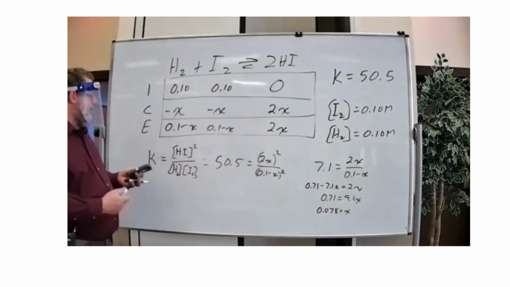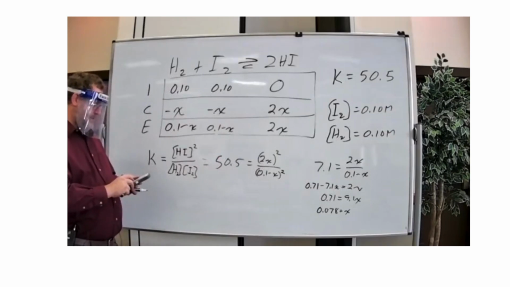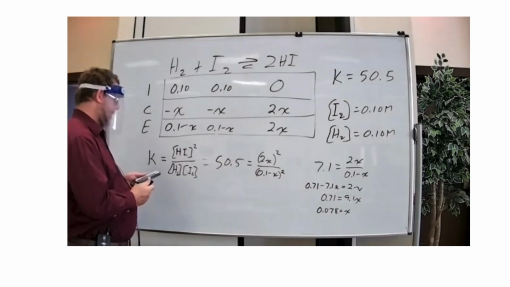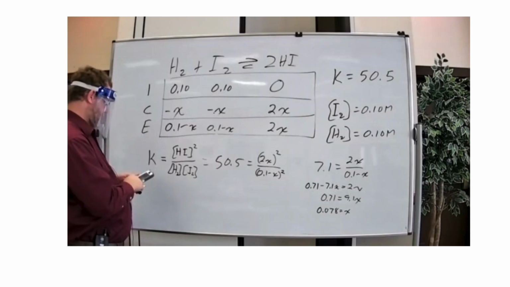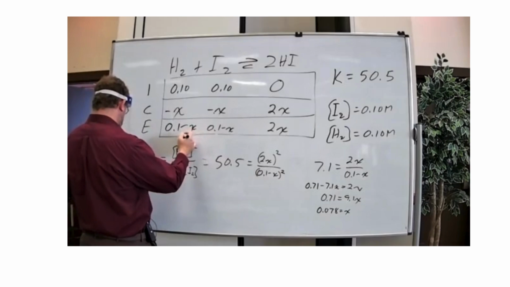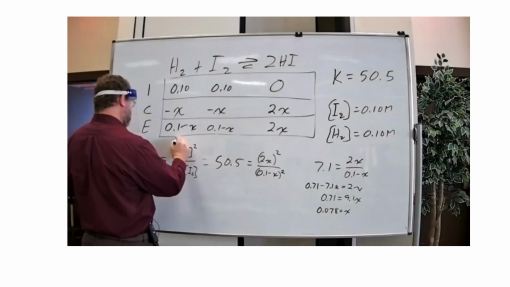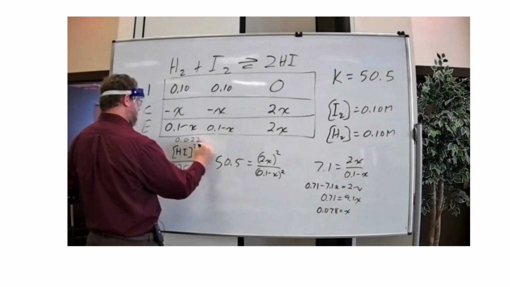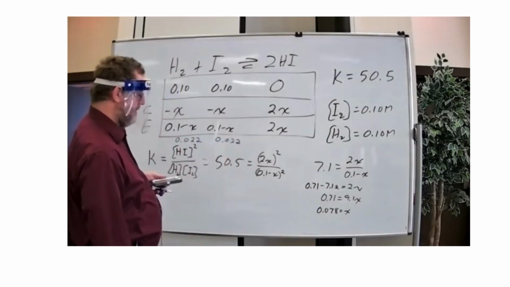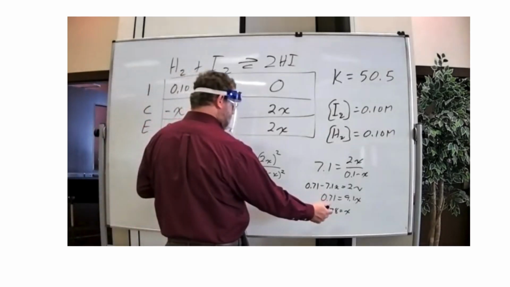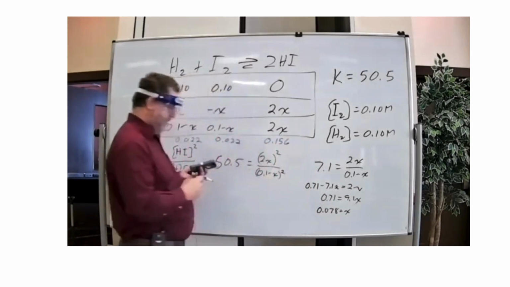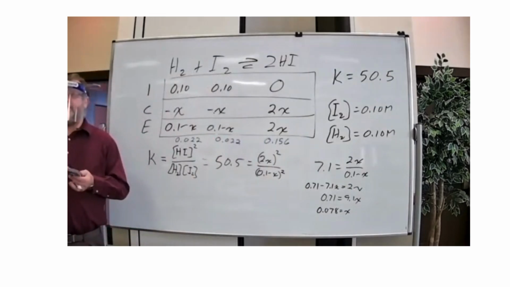This is our value of x. If I want the equilibrium concentration, I'm going to take 0.1 minus x, which gives me, and 0.078 times 2. So I have my equilibrium concentrations of all three values.